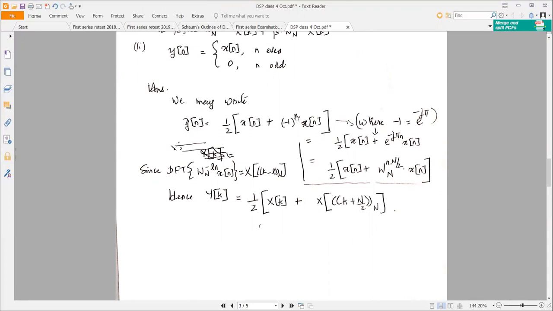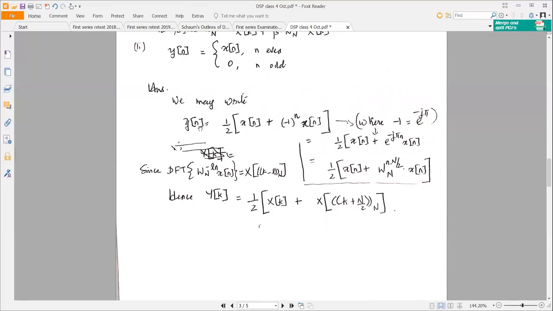When n is even, for example n is 0, y of 0 is equal to 1 by 2 into x of 0 plus minus 1 the whole raised to 0 into x of 0. Minus 1 raised to 0 is 1, so 1 by 2 into x of 0 plus x of 0 is equal to x of 0.